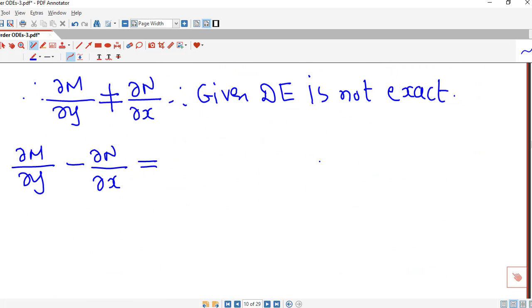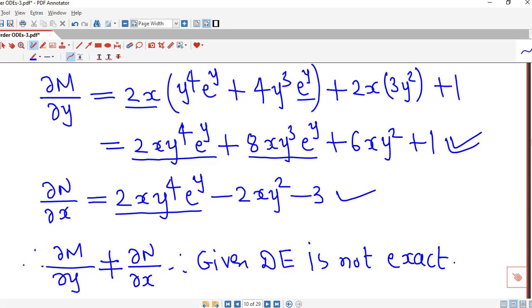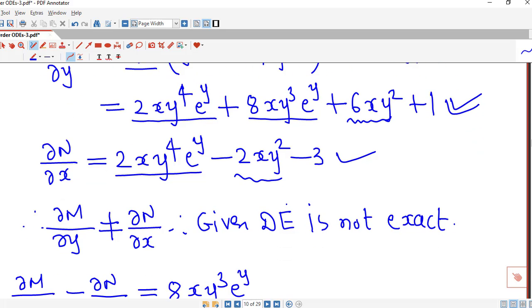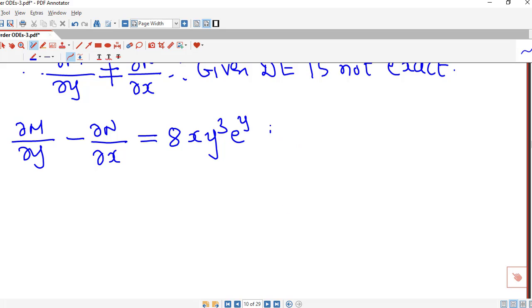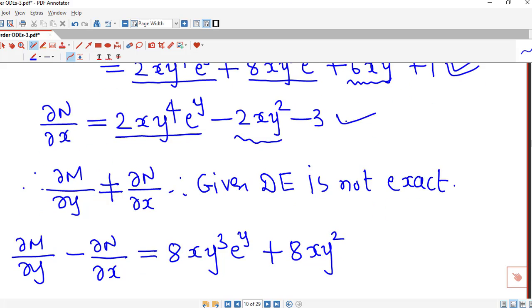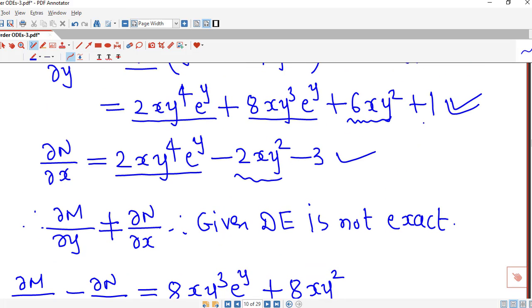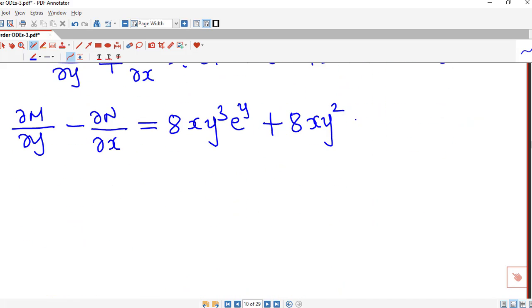So first we write down 8x y cube e raised to y, then 6x y square minus 2x y square, that turns out to be plus 4x y square, and here 1 minus 3, that is... the constant term is 4.